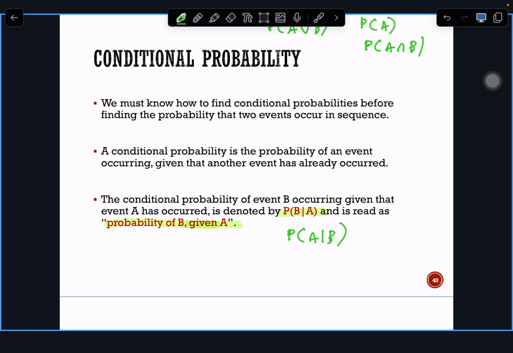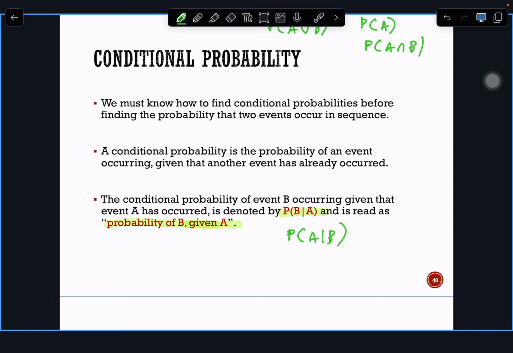The first one is the probability of B given A. The second one is the probability of A given B. So the word given here is the condition. If you see the words given that, condition on, or if, that is conditional probability.